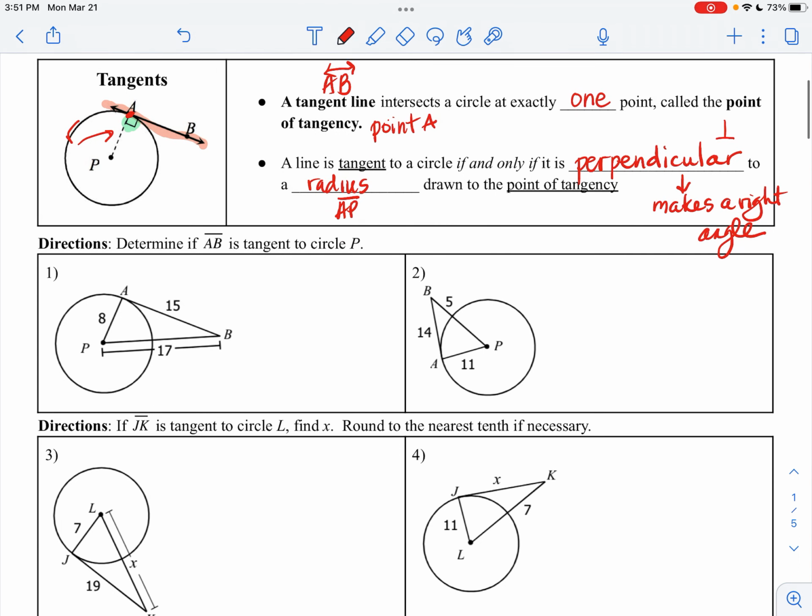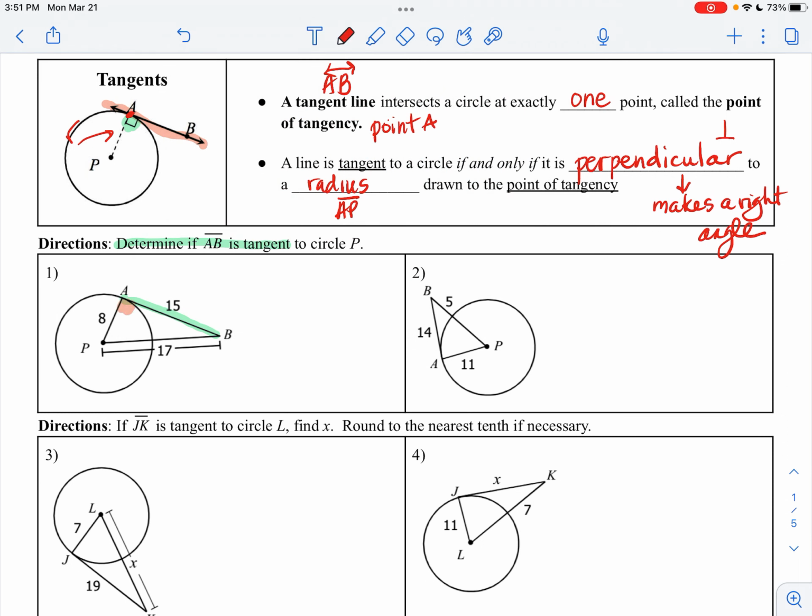In questions 1 and 2, we want to determine if AB is tangent. So in other words, we don't know. We want to know if it is. So here's AB. And in order to determine if AB is a tangent, we need to show that this angle here is a right angle.